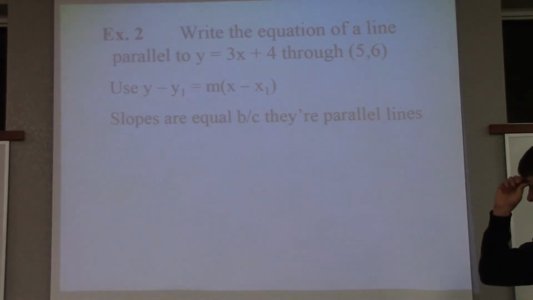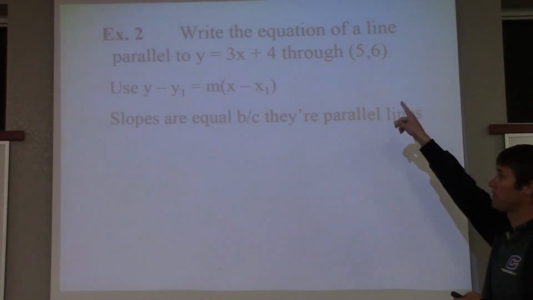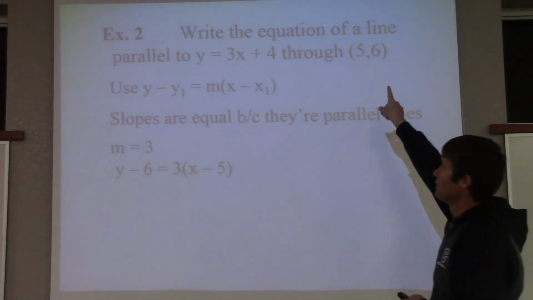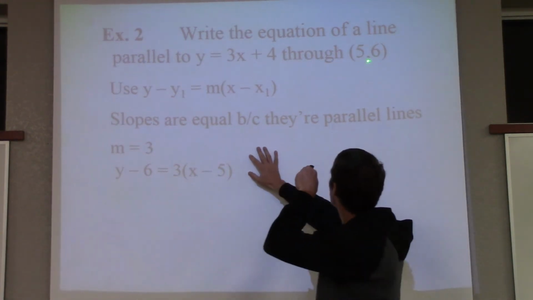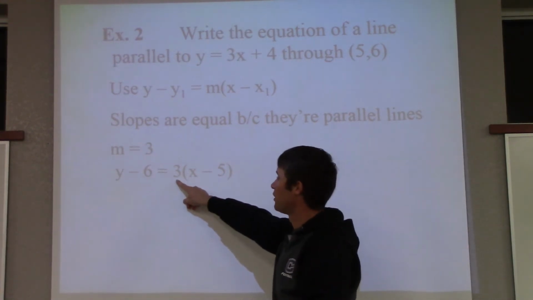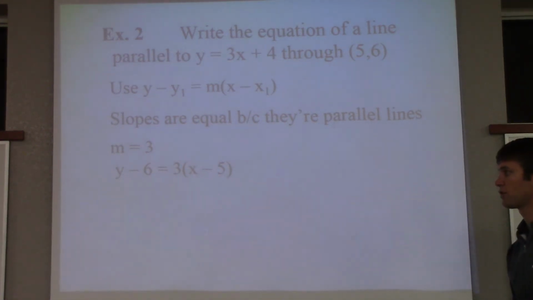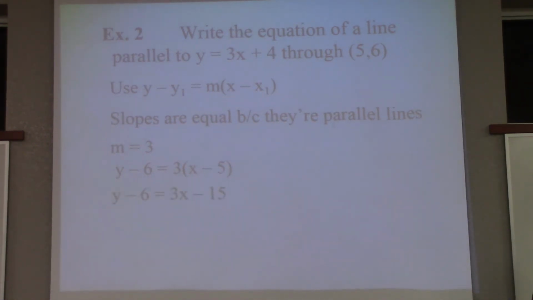We plug 3 in for our slope, and 5 and 6 for x1 and y1. So y minus the y value of my point equals my slope times (x minus the x value of my point). Now we simplify. Distribute: 3 times x is 3x, 3 times 5 is 15, add 6, and you get y equals 3x minus 9.